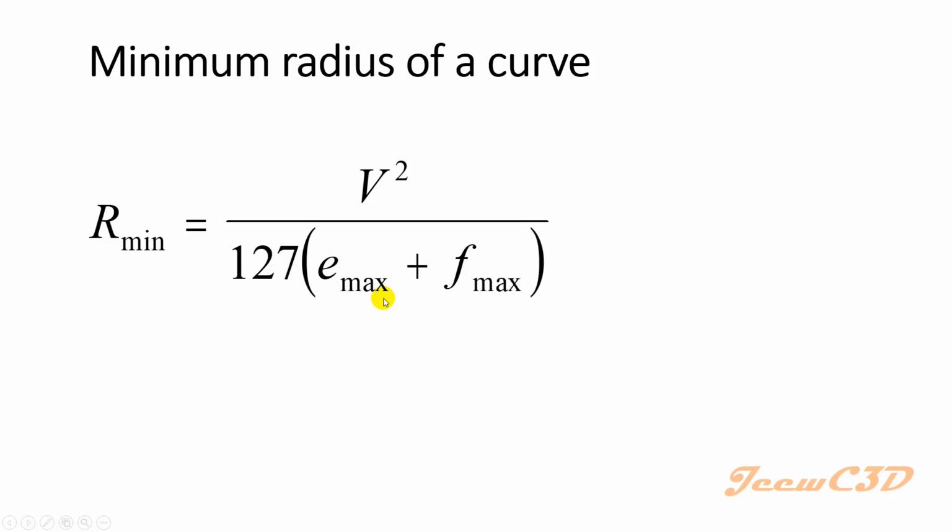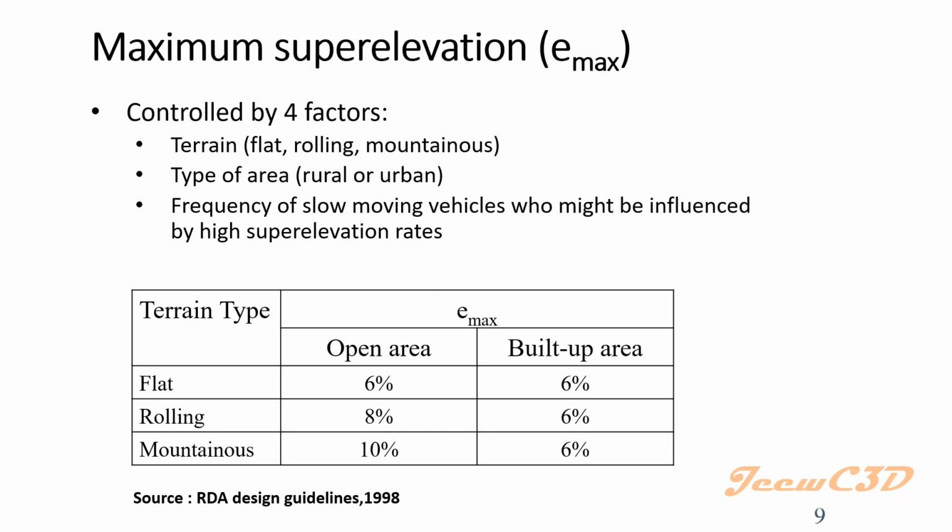That does not mean you have to always select 6%, but the maximum is 6%. You can use 6% or less than that value. Then for a rolling terrain, you can go up to 8%, and mountainous terrain, you can go up to 10%. So in the built-up areas, we always think that the highest super elevation is 6%, not more than that.